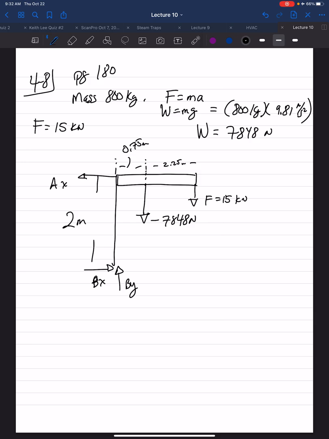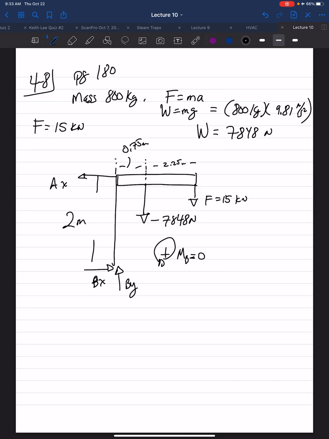Okay. So we have two unknowns at B. Let's get rid of those first. So we take the moments about B, set it equal to 0, the condition for equilibrium. AX causes a positive counterclockwise rotation about B. The 7848 newton force and the 15 kilonewton force both cause clockwise rotation, so negative.